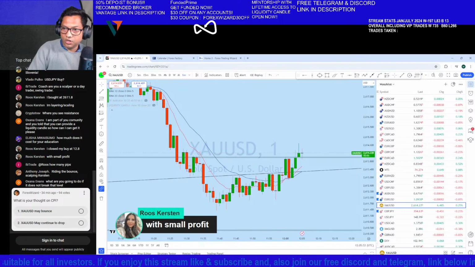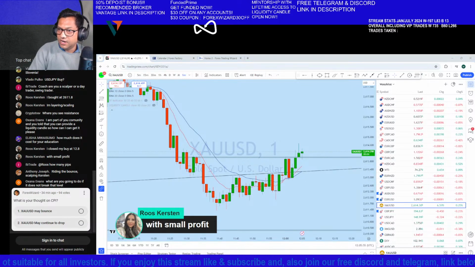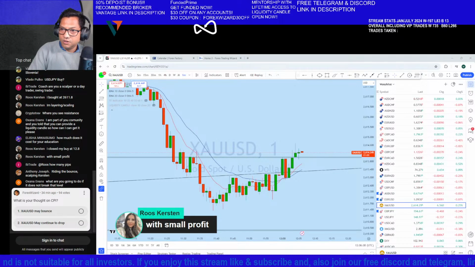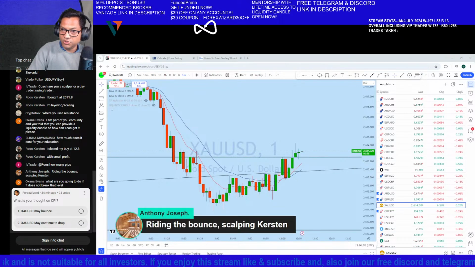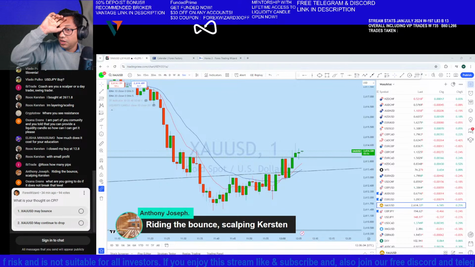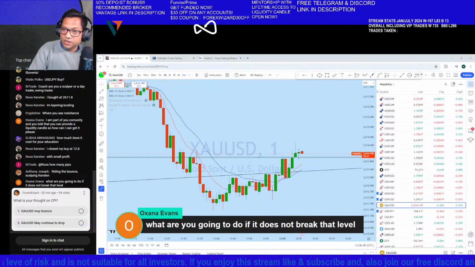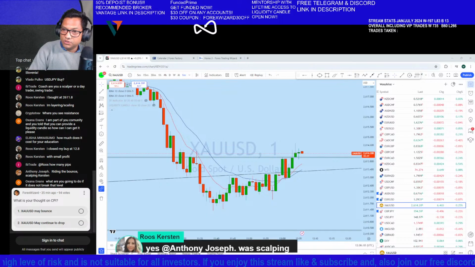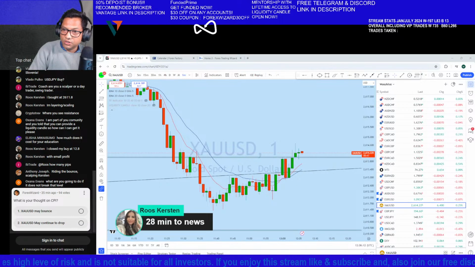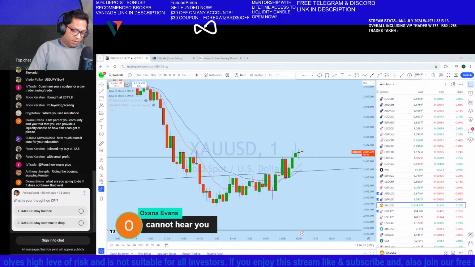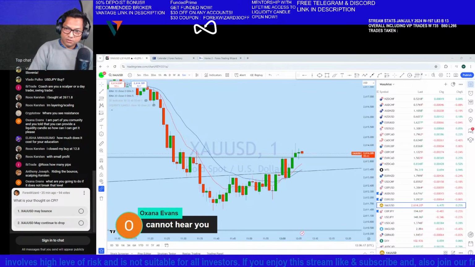Still not very strongly bullish, and we might see a rejection anytime. How many pips? Welcome. Bounce scalping. Thank you very much. What are you going to do if it does not break the level? Yes, Anthony Joseph was scalping. Thank you. 20 minutes to news. Cannot hear you. Guys, can you hear me?